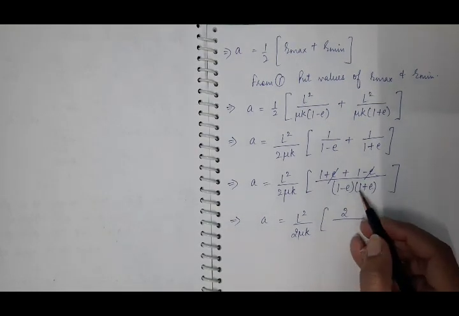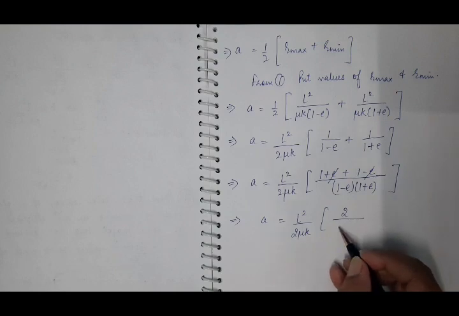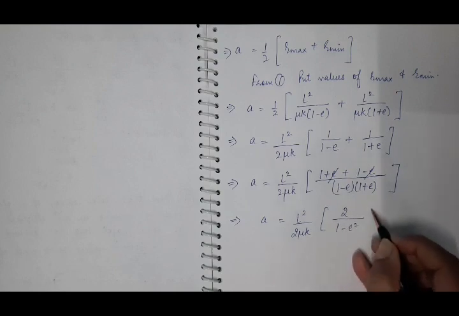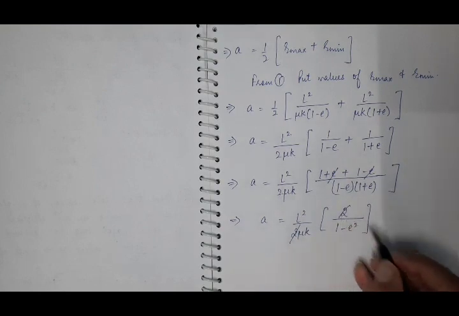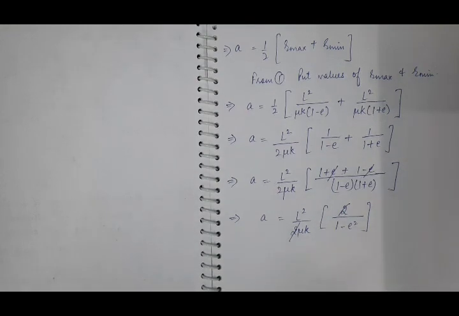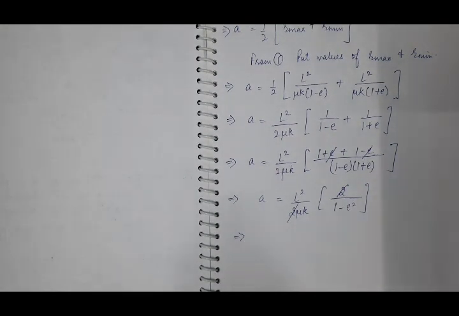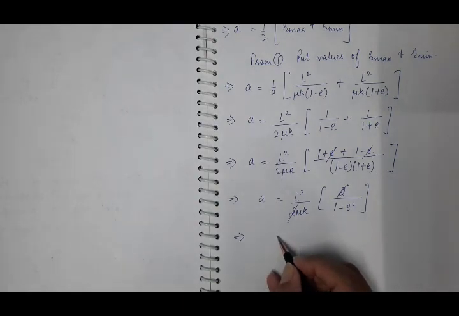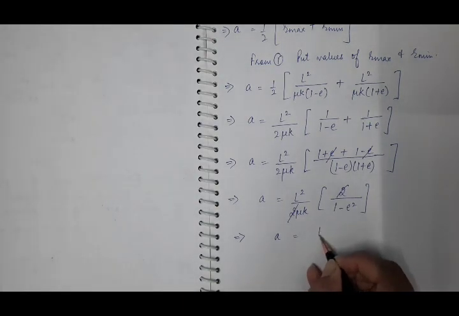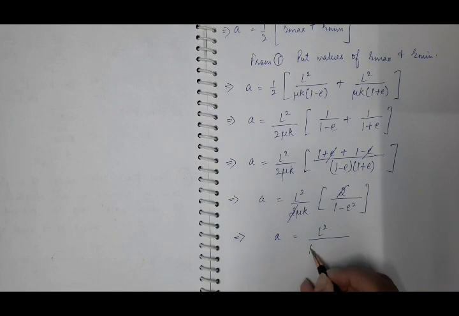Upon (a minus b) into (a plus b), it will be a square minus b square. And this 2 and 2 will cancel out. So we have a is equal to L square by mu k into 1 minus e square.